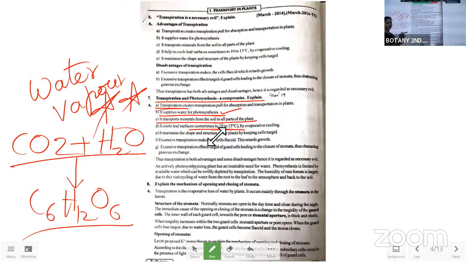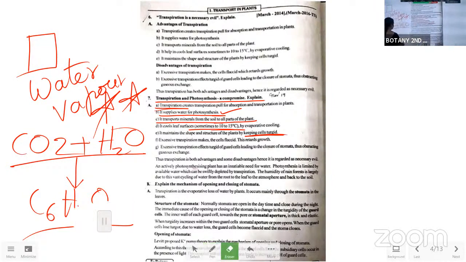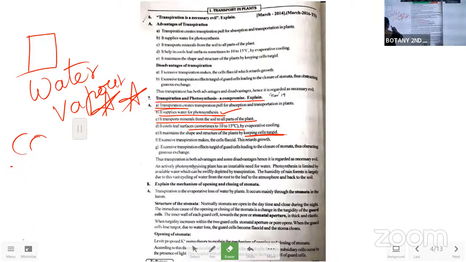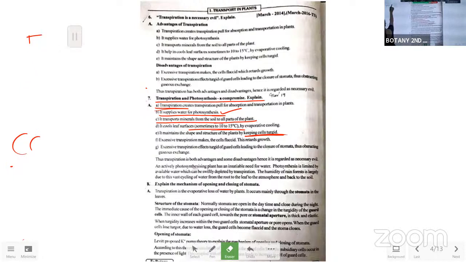By transpiration, the cells can maintain their shape and structure. Okay, keeping them as turgid cells. That means very big cells, having the same size, turgid cells. And when the transpiration is more in the plant body, then it leads to plasmolysis, loss of water molecules, and it starts the shrinking of the cell.